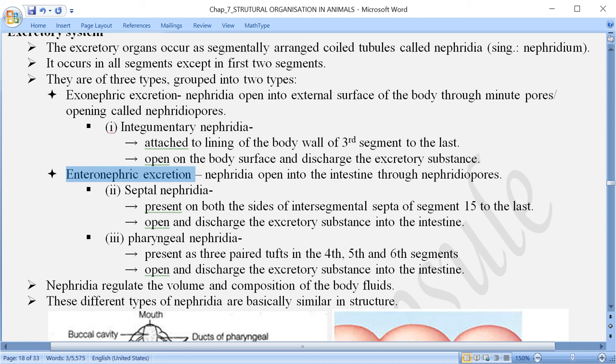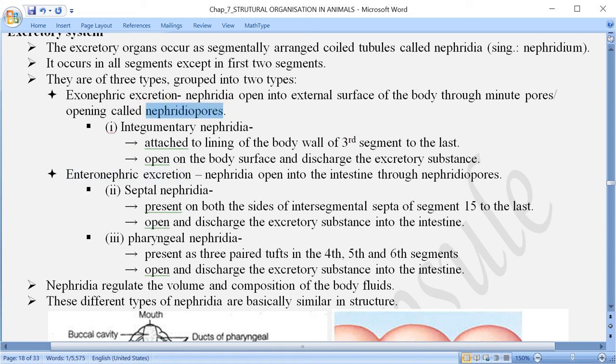So here those nephridia that open onto the external body surface, यानी कि skin हो गया. If it opens on the skin surface through a minute pore, these minute pores are called nephridiopores.